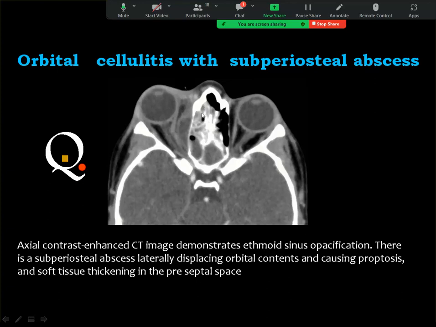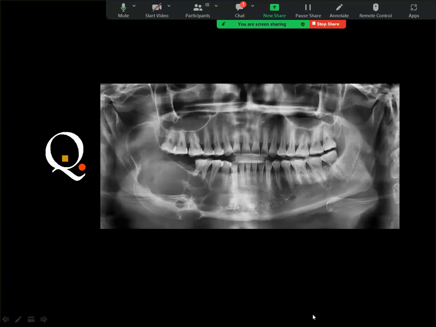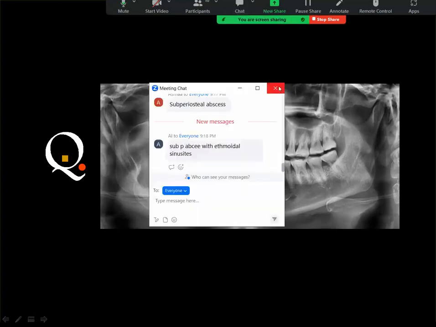This is the inflammation of the ethmoid, which should be on the same side of the inflammation in the orbit, and the inflammation has extended into the orbit, forming a subperiosteal abscess, and this is typical for orbital cellulitis and the subperiosteal abscess.